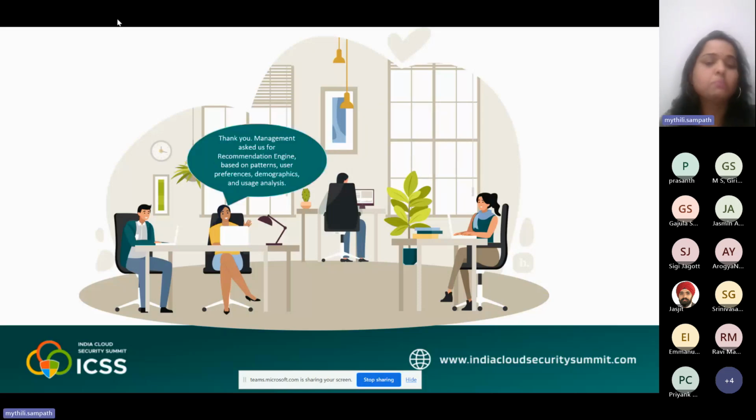Management says they are impressed with the product results, and they need a recommendation engine. Because everybody is using it, they want to recommend things, so automatically we see the insights on how best we can recommend based on patterns, user preference, demographics, which country, what they were using on the product, and usage analytics.